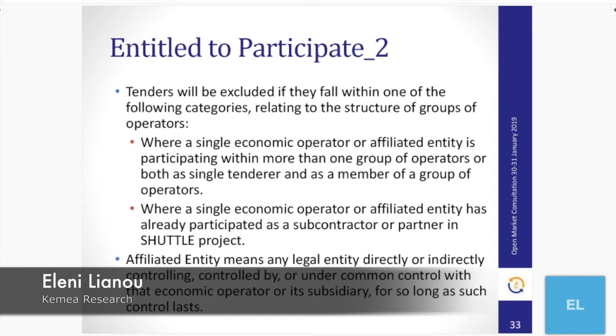When we mention affiliated entity, it means a legal entity directly or indirectly controlled by or under common control with that economic operator, or of course a subsidiary, for so long as this control lasts.